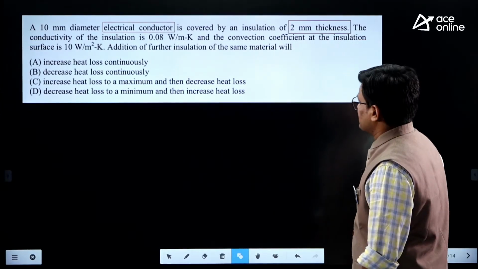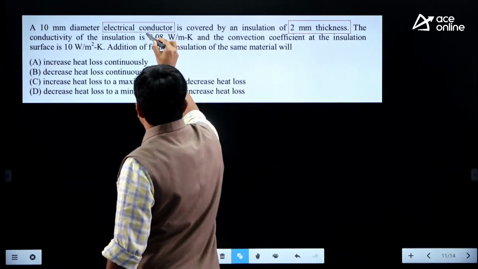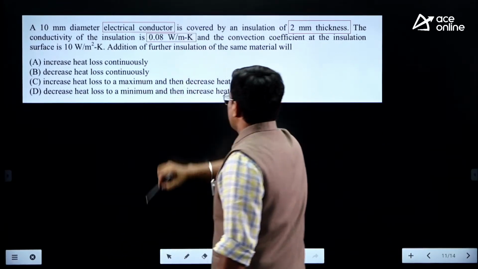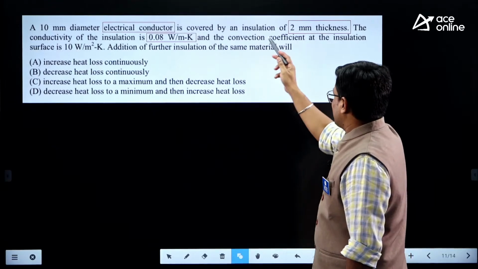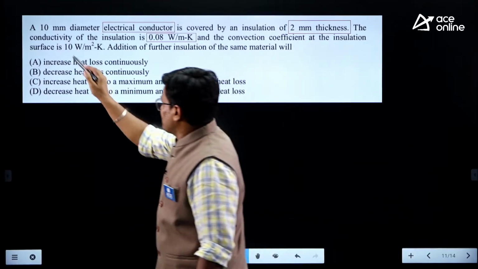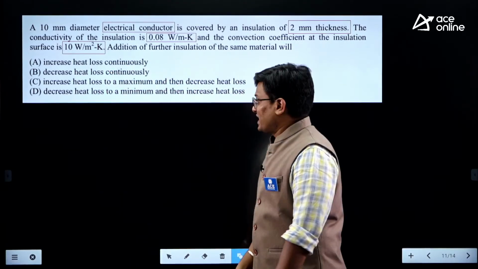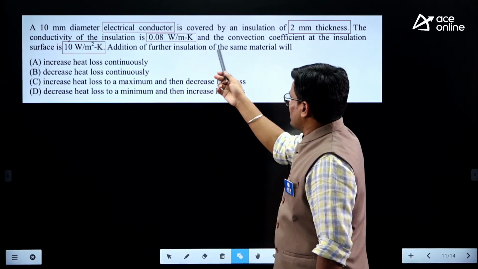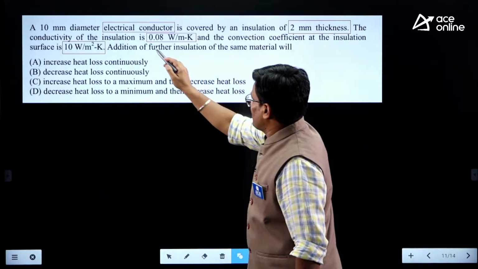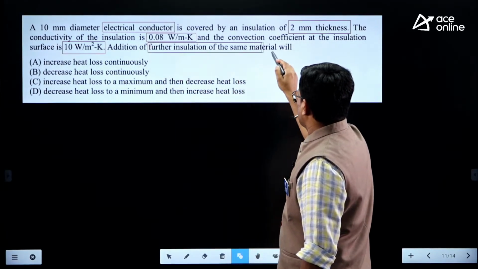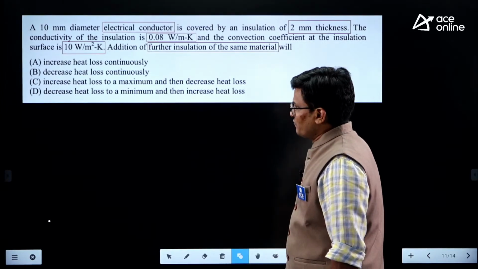The conductivity of the insulation is given as 0.08, and the convection coefficient at the insulation surface. This is the important data. What did he ask? Addition of further insulation of the same material will.